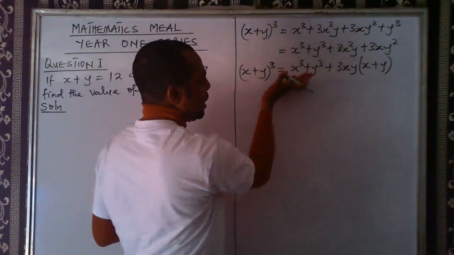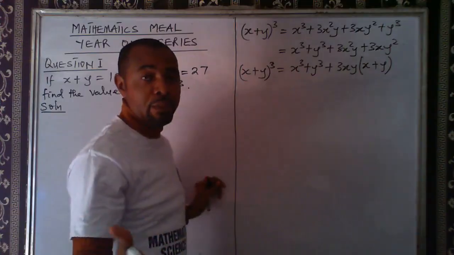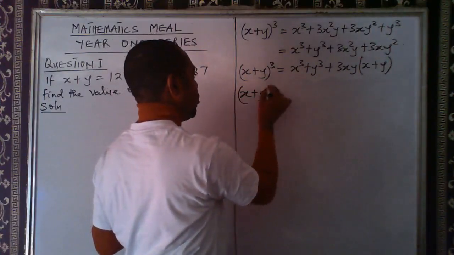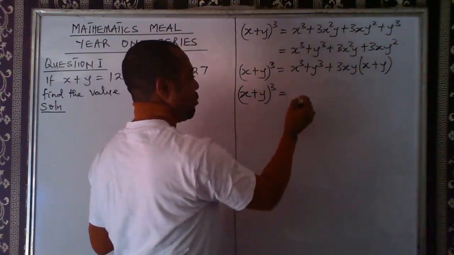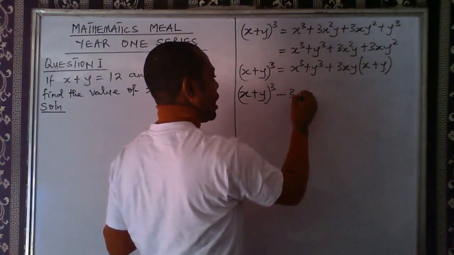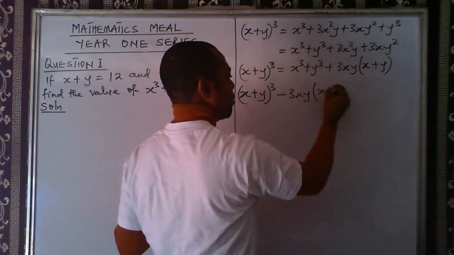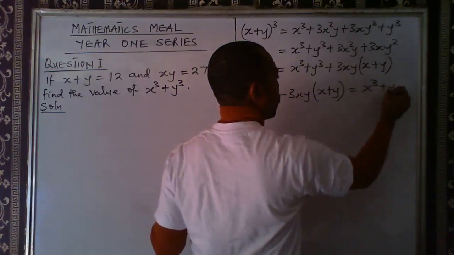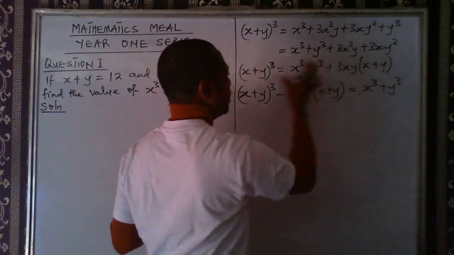That means I can make x cubed plus y cubed the subject of the formula. If I do that, I'm going to have x plus y all raised to the power 3 minus 3xy bracket x plus y is equal to x cubed plus y cubed. I just brought this to this side.